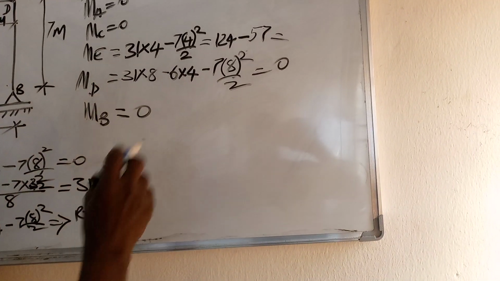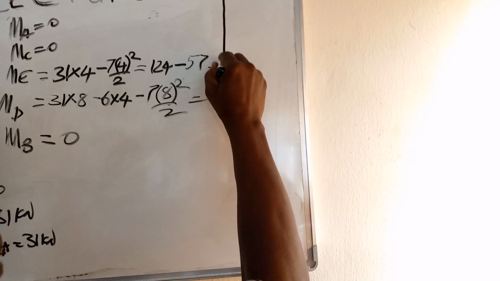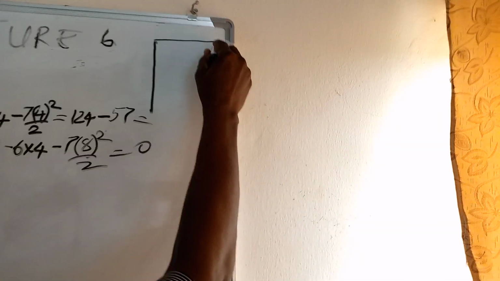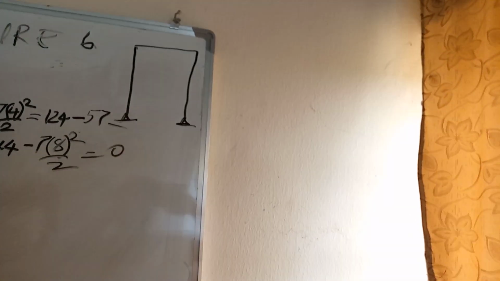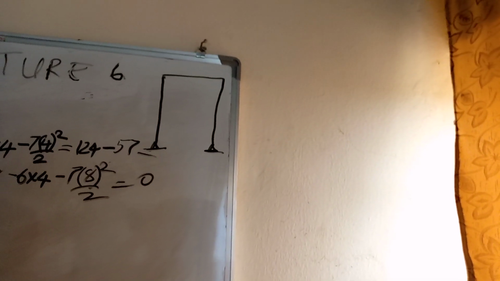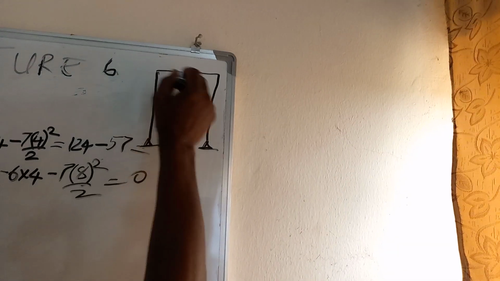So the bending moment diagram will look like this. This is the frame. At C, the bending moment is 0.